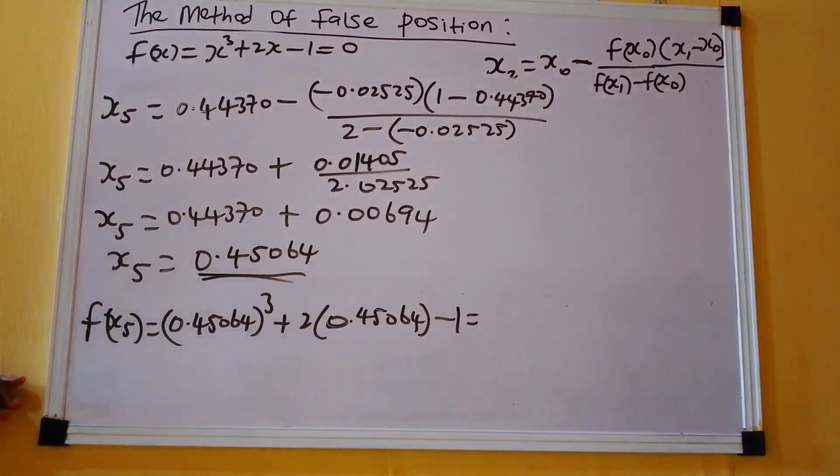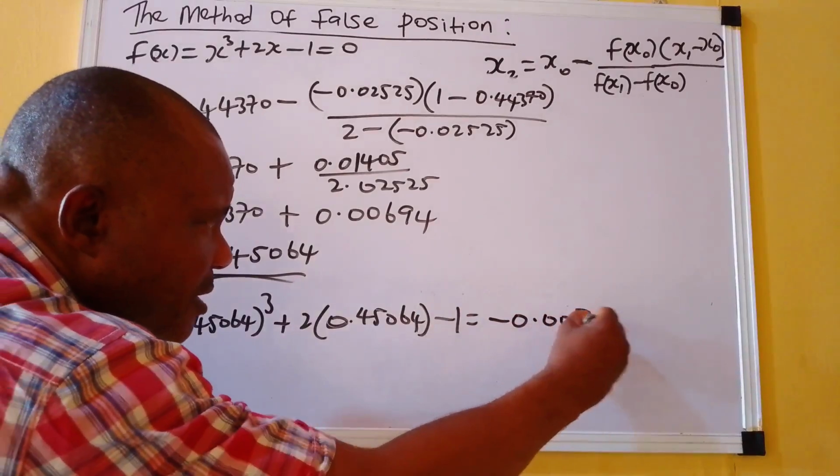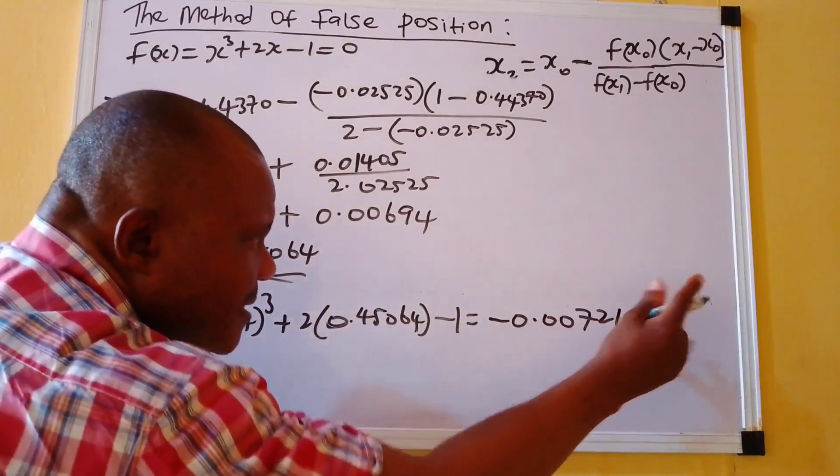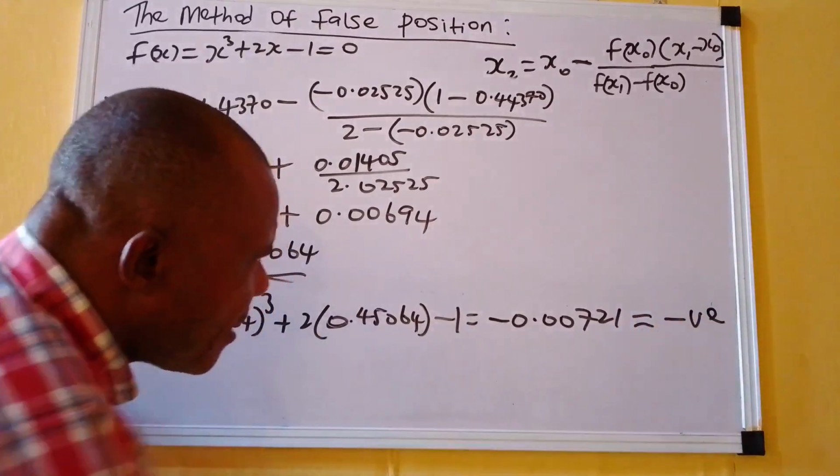Then our f of x5 will give us a negative number, minus 0.00721. And again, this is giving us a negative sign.